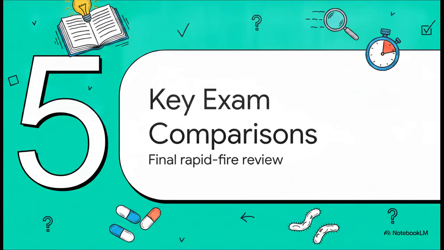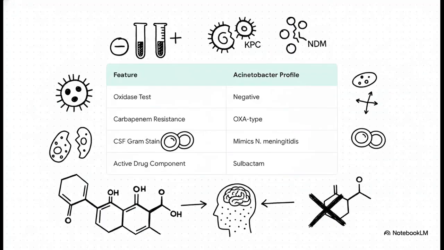Finally, we arrive at Section 5, Key Exam Comparisons. Let's lock this in. You absolutely need to cement these 4 specific comparisons into your memory before test day. First, the oxidase test. Acinetobacter is negative, Pseudomonas is positive. Second, the primary resistance mechanism.